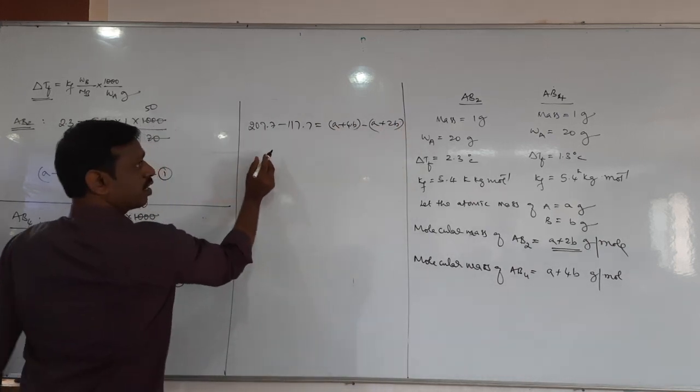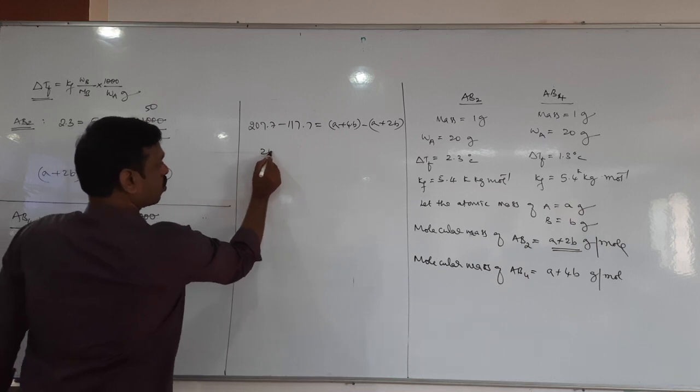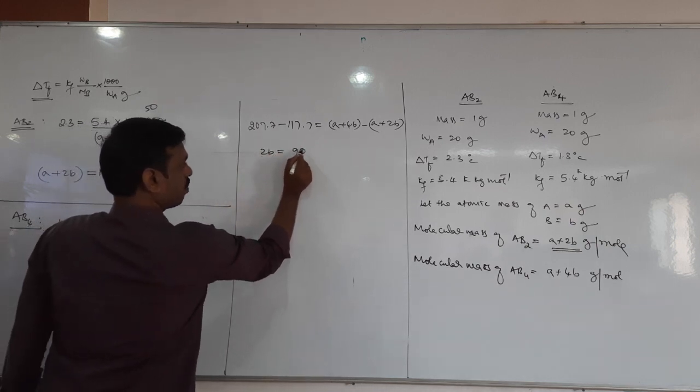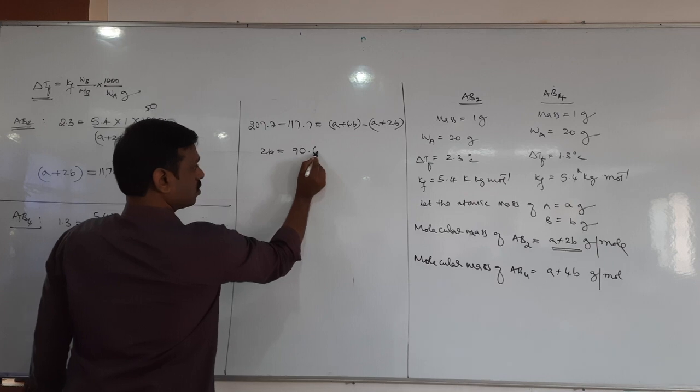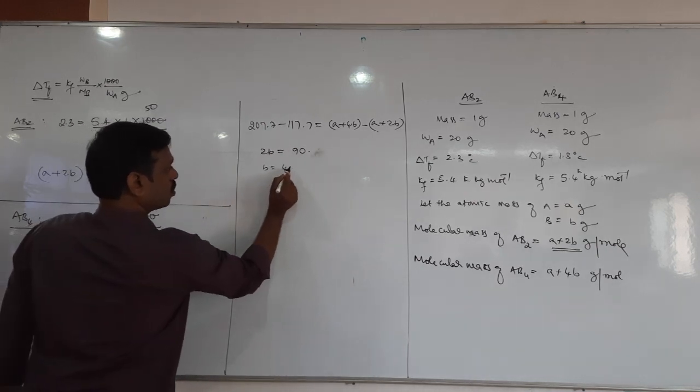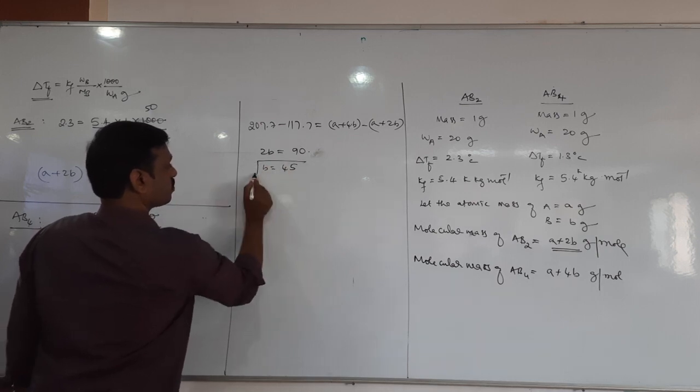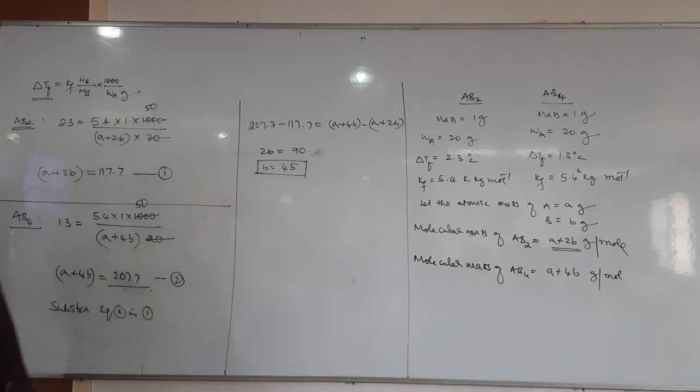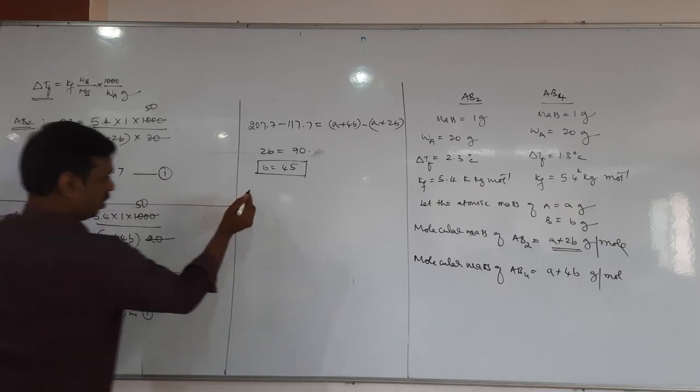You simplify, I think you will get 2B equal to 90, okay, then B equal to 45. So B equal to 45, then substitute B value in either equation 1 or equation 2, you will get A value, right?